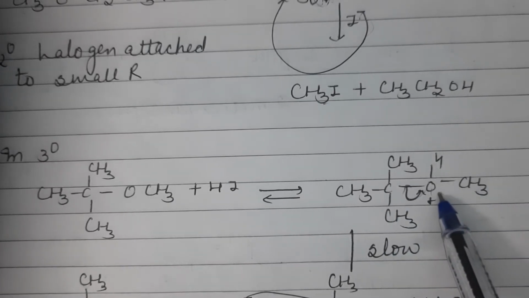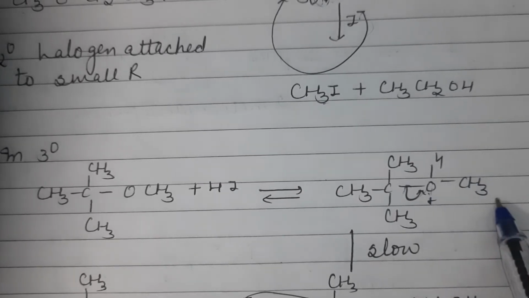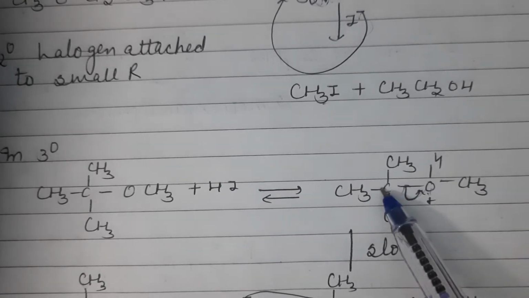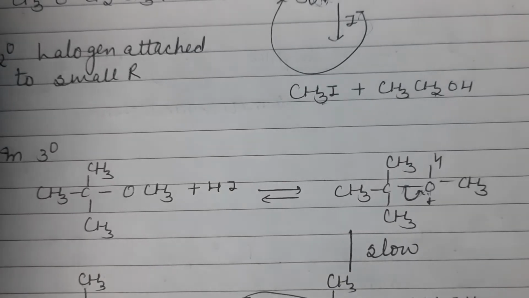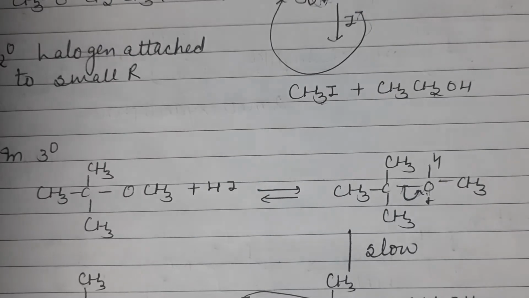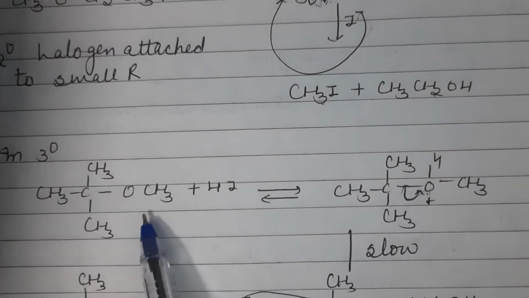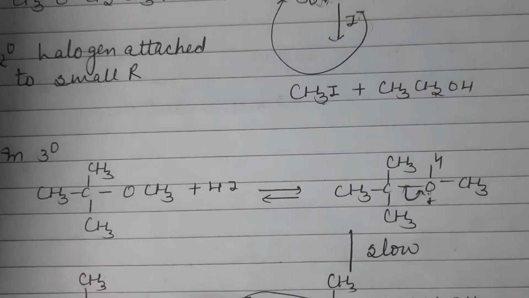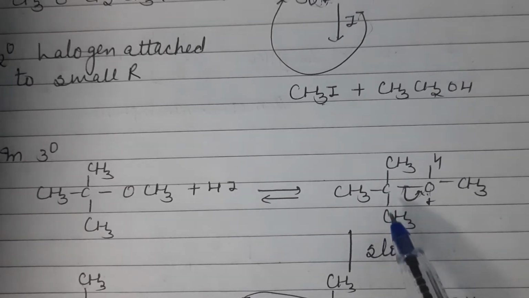If this bond's electrons shift over oxygen, then a methyl cation will form. The tertiary cation is more stable, that's why the tertiary cation is formed, and then it reacts with the halide ion and forms a tertiary halide. So tertiary ether always reacts with halogen acid and forms a tertiary halide because of the stability of the tertiary cation.